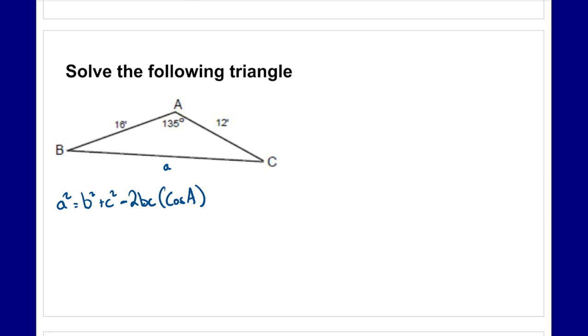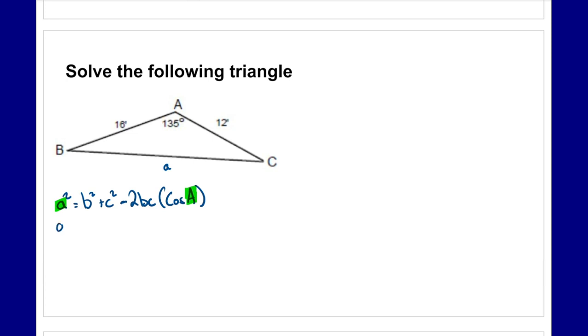So because we do have the angle across from this missing side, we have enough information to plug in. Again, it doesn't really matter what I label. I could say this is b squared equals a squared plus c squared minus 2ac cosine b. It really doesn't matter, again, as long as we pair this up with this. Those have to be the correct values.